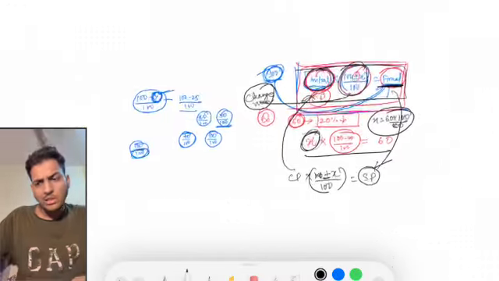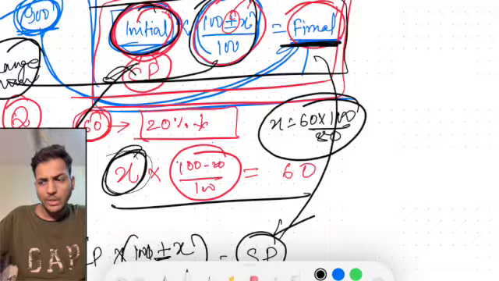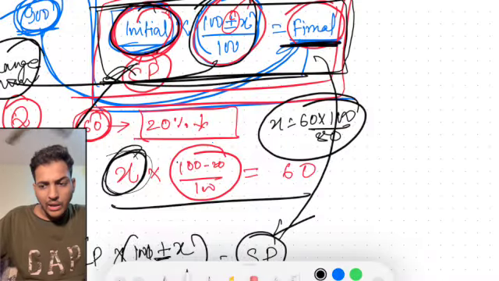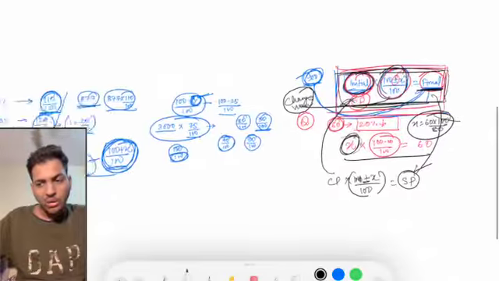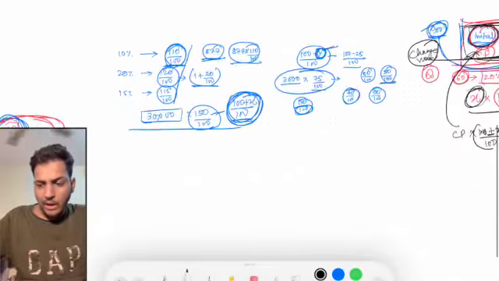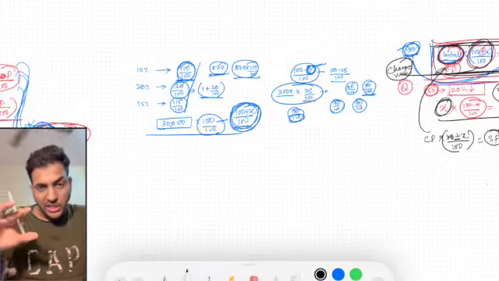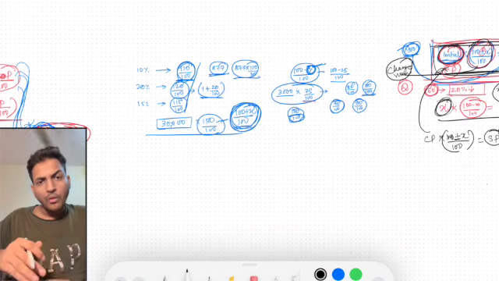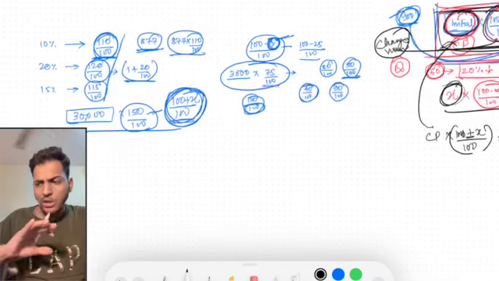If you have learned these 4 or 5 basic rules, what were the basic rules? How to calculate the change from initial to final, how to calculate the percentage change between two numbers, percentage of a number, what percentage A is of B, all these 4 or 5 things.